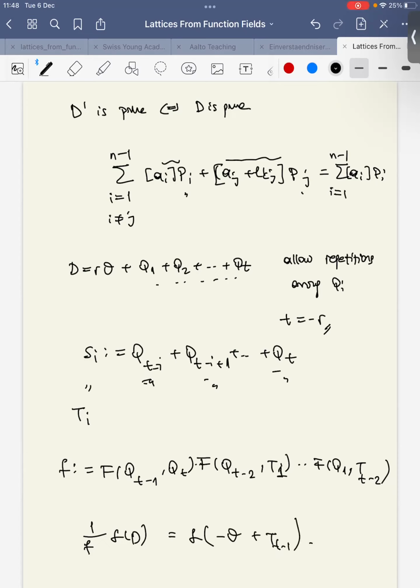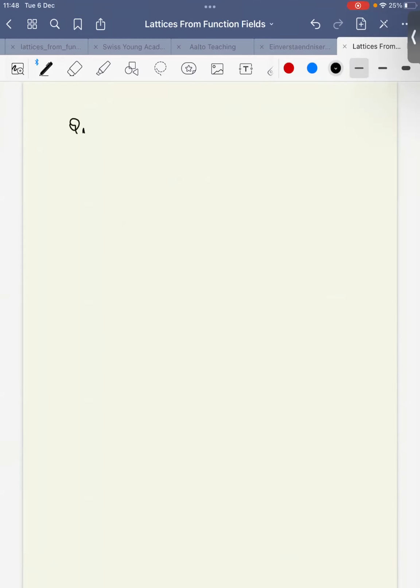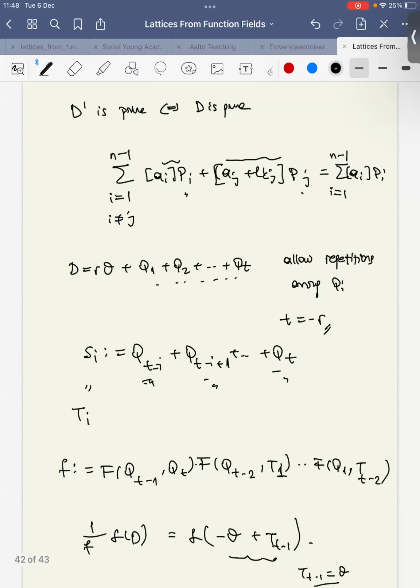And then, making the computations again, this is principal if and only if T_{t-1} is exactly O, and T_t minus O indeed gives us this equality just by checking T_t minus O in this definition.